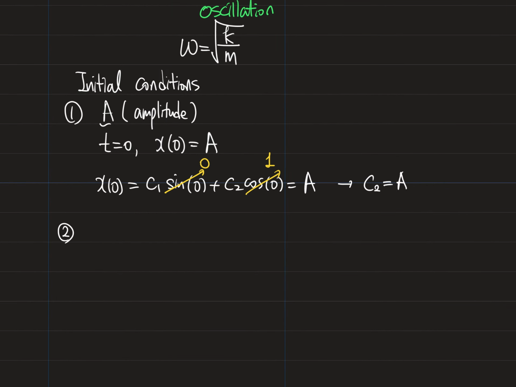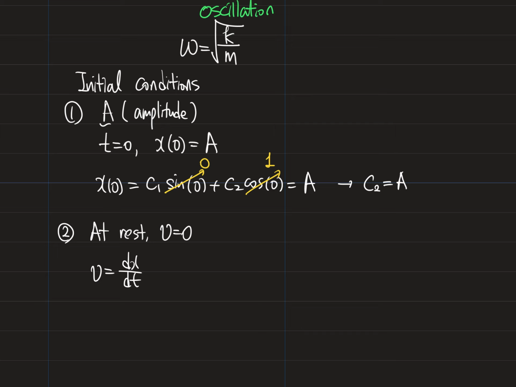The second initial condition that we can use is, let's think about the situation like this. We release the mass from rest, meaning its initial velocity should be 0, right? So the system is at rest and there is no external force, and its initial velocity should be 0. The velocity is the first derivative of position, dx over dt.